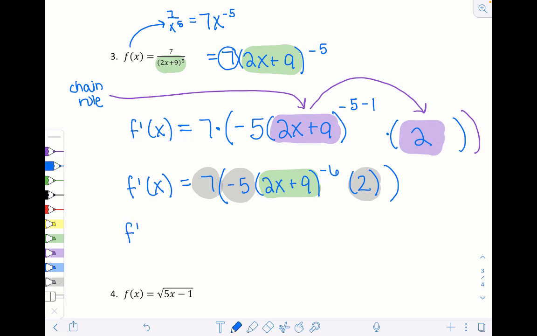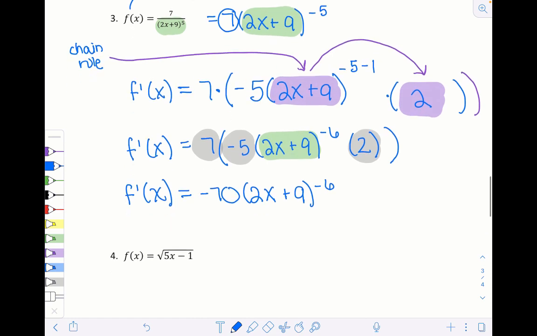And that would be negative 70 times 2x plus 9 to the negative 6. And if you want to write your answer with a positive exponent, we can go ahead and take that one step further and say that's negative 70 over 2x plus 9 to the positive 6. And that's the final answer.